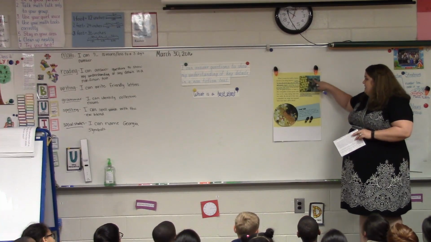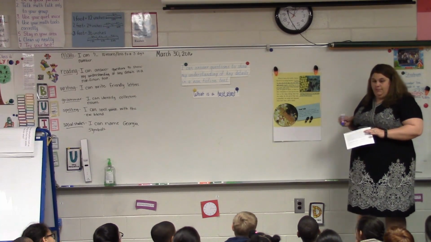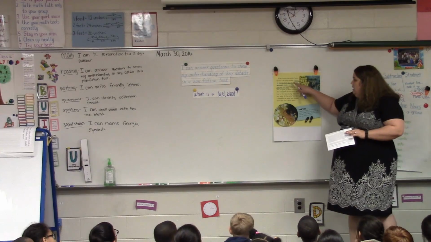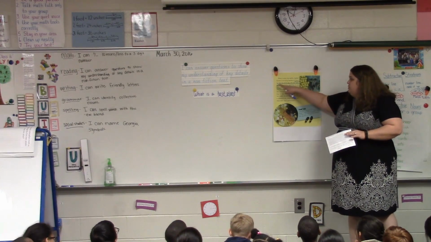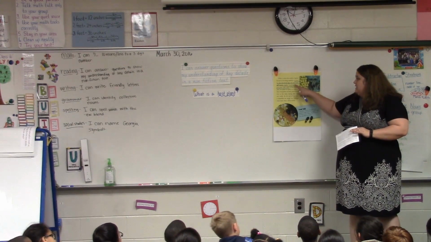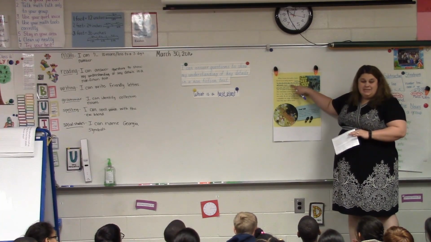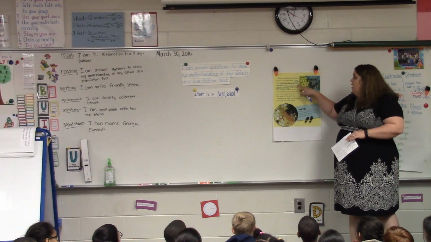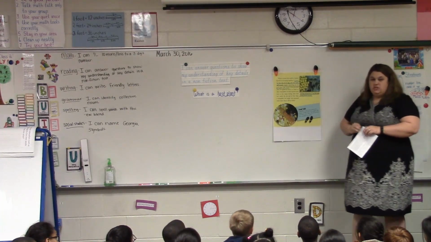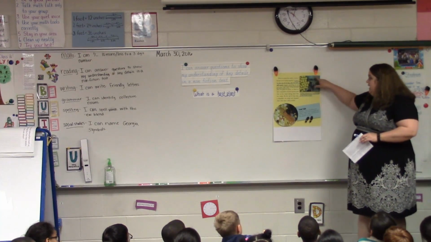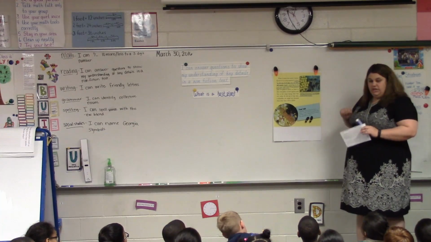Now I see the eggs, I see the larvae, the caterpillars. It says it chews its way out of its egg. It eats the shell, and it usually begins munching. Munching means eating its host plant right away. So right away it's going to start eating or munching on that leaf.